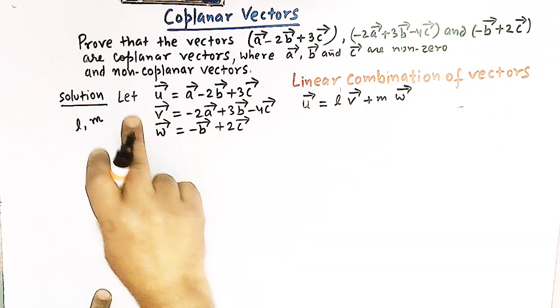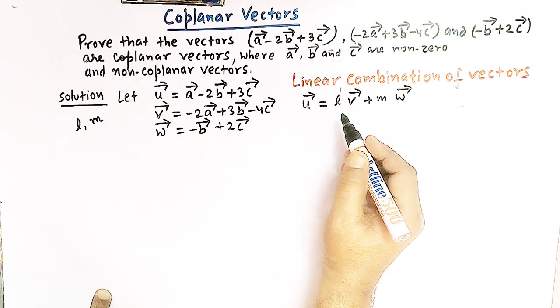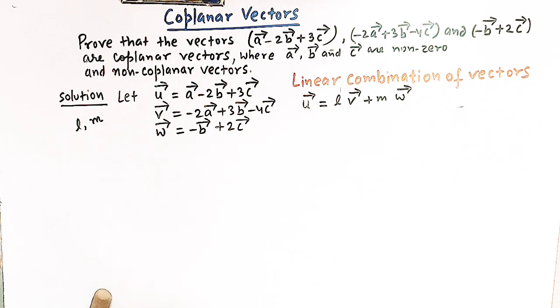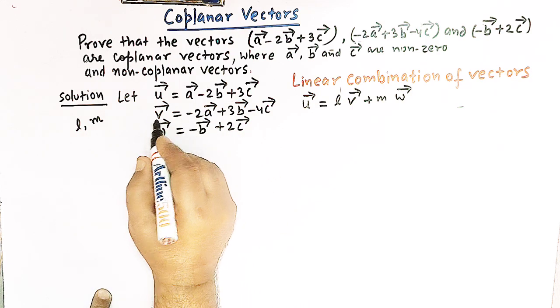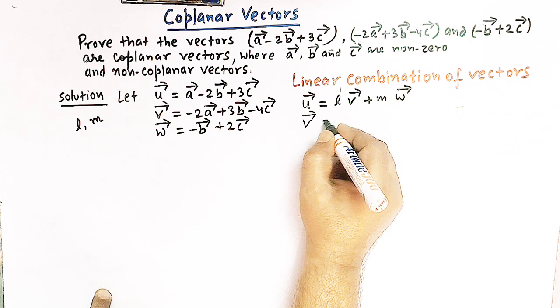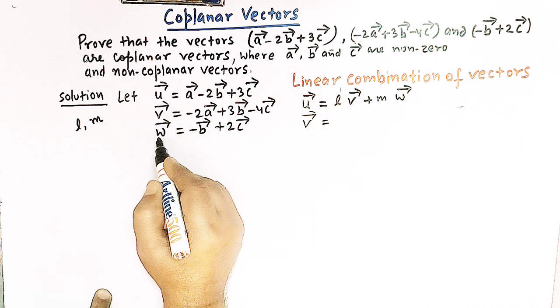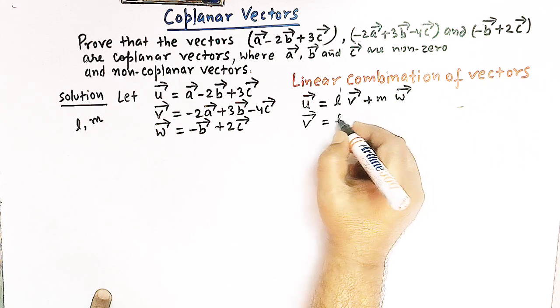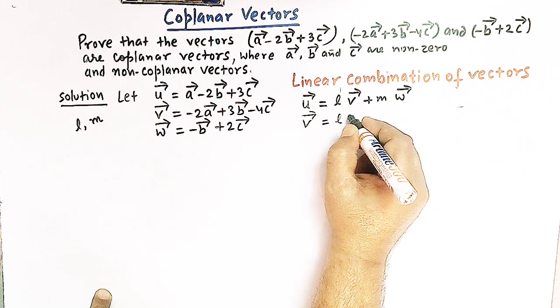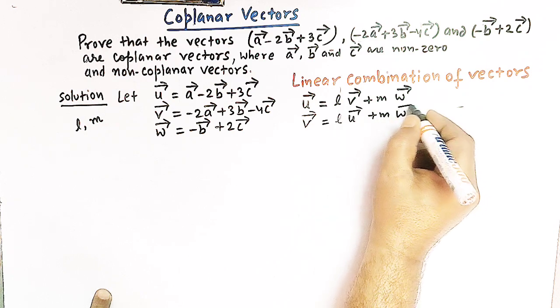So if one of the vectors can be represented as a linear combination of the other two vectors, then the three vectors are said to be coplanar. Similarly, if v can be represented as a linear combination of u and w, we can write l times vector u plus m times vector w.